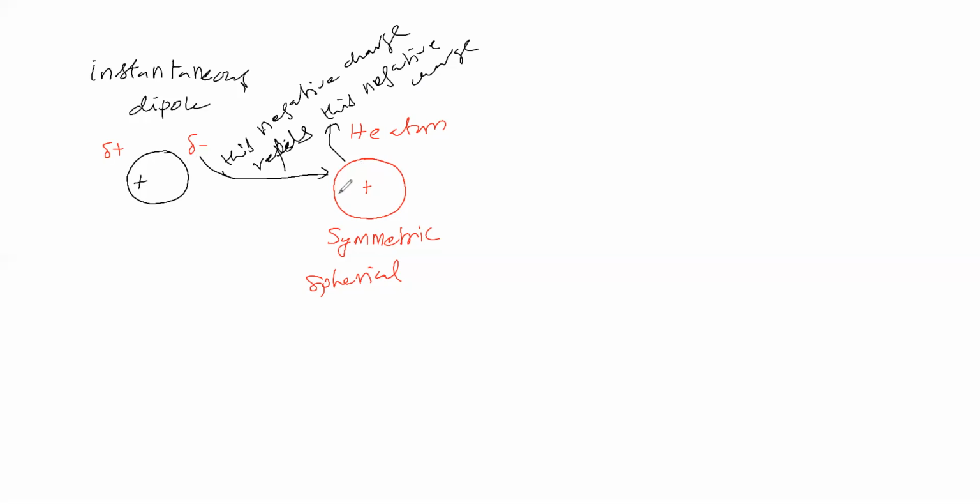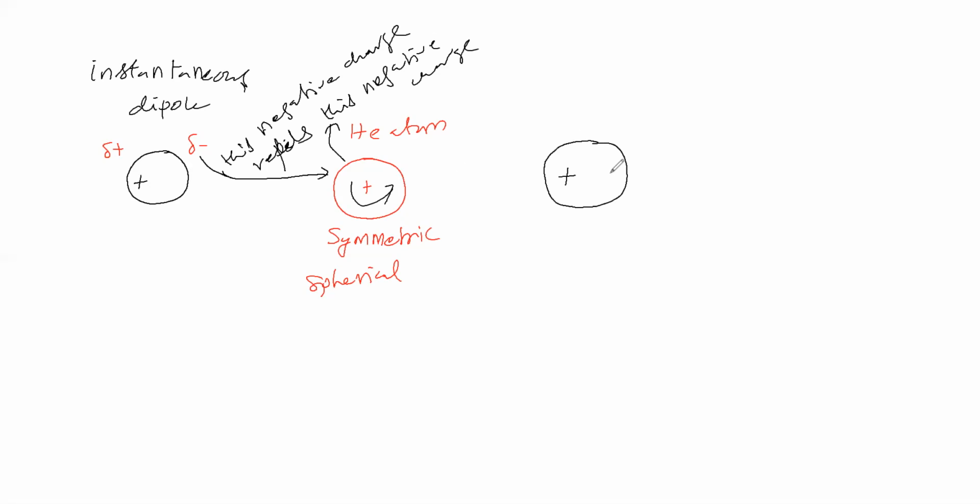Because of that, this electron cloud is migrating this side. Therefore, this symmetric arrangement is getting distorted. Therefore, it becomes like this.